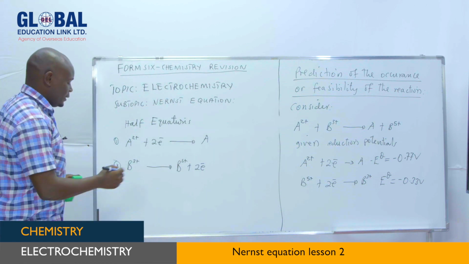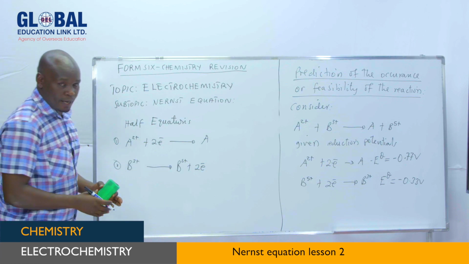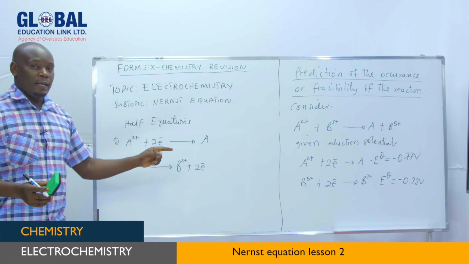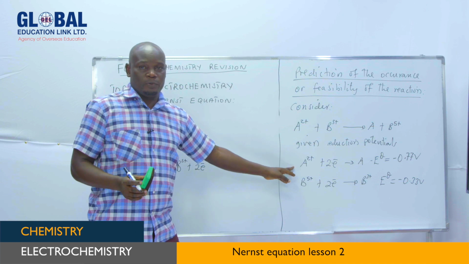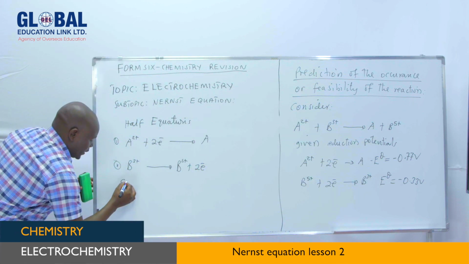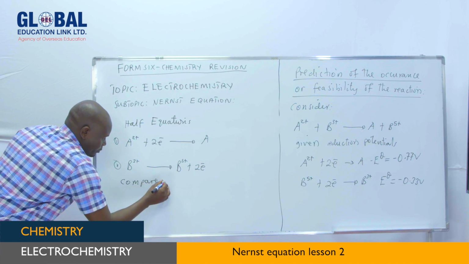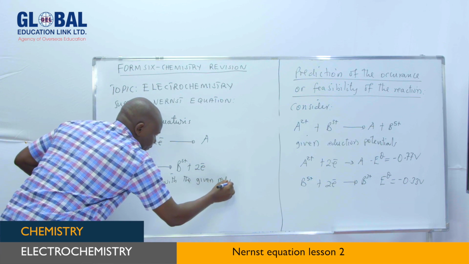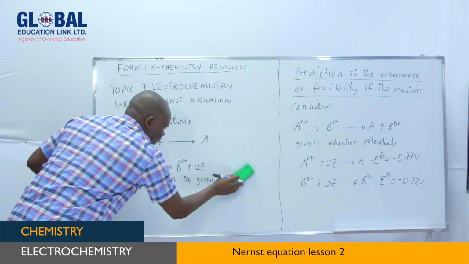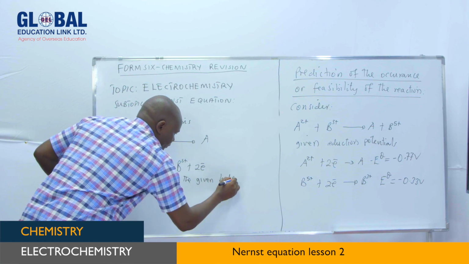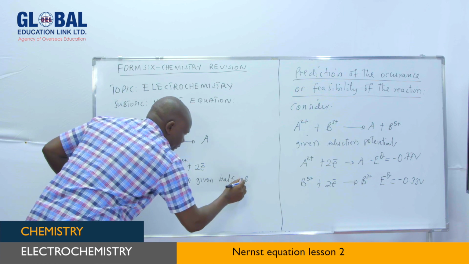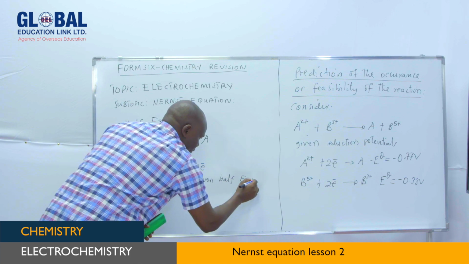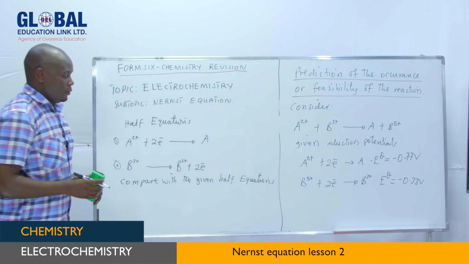Now the second part is that you have to compare the half equations that you have obtained with the half equations with the standard electrode potentials given.